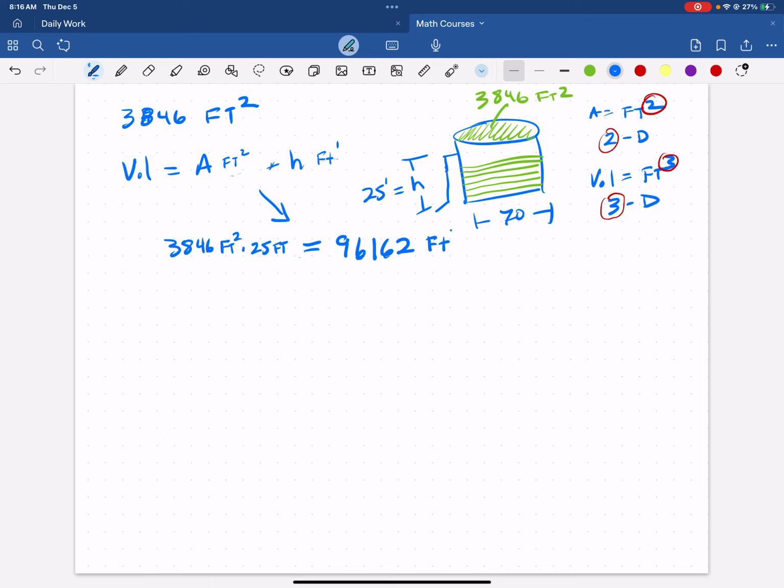What is it? Cubed. So that's the volume. The volume of water in here up to this overflow is going to be 96,162 cubic feet.